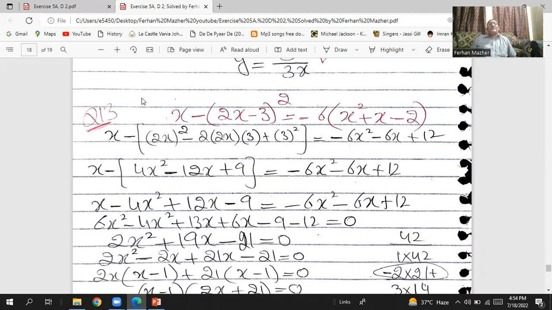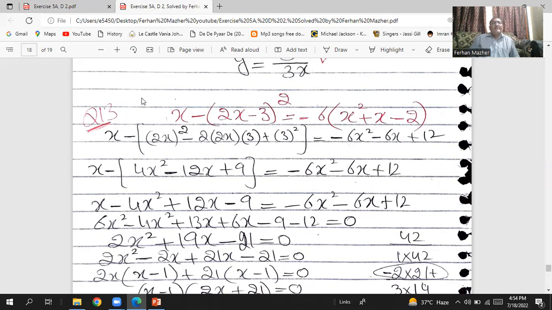Bring all of them to the left side. So you will have 6x² minus 4x² and 13x plus 6x minus 9 and minus 12 equals 0. So you will have 2x² plus 19x minus 21 equals 0.